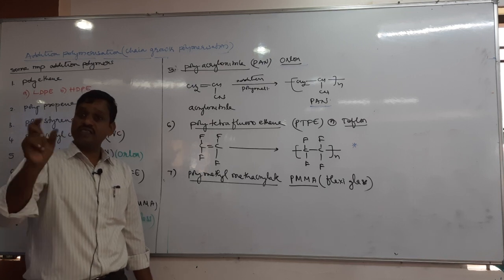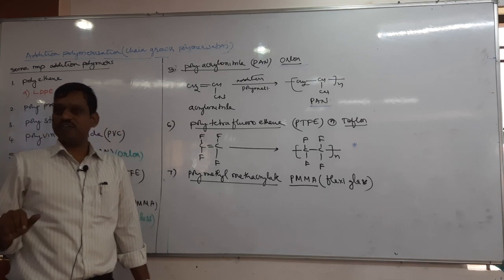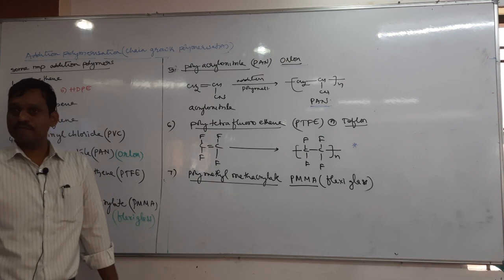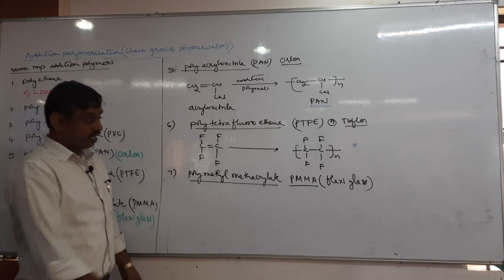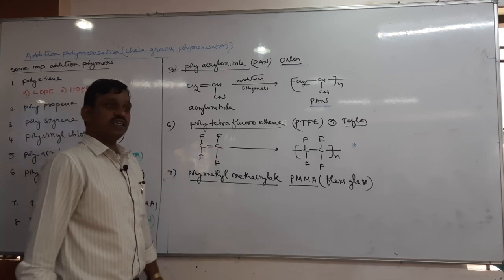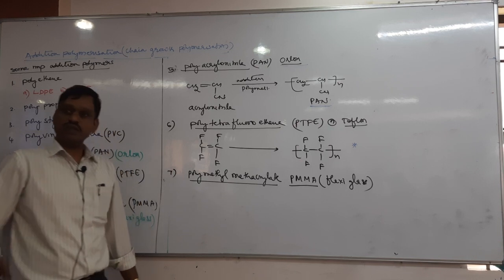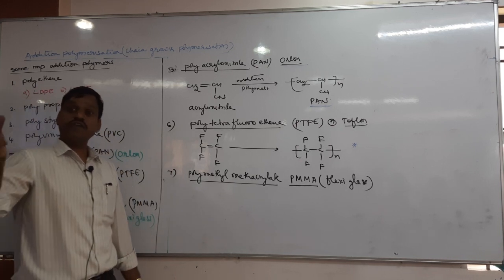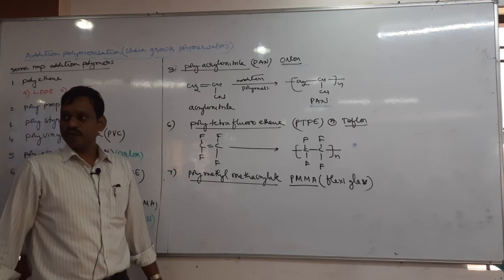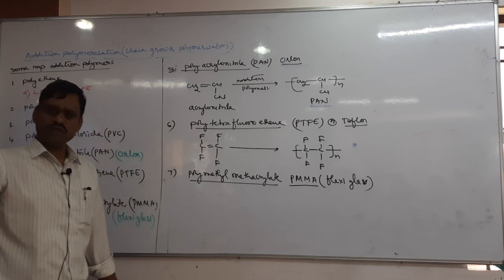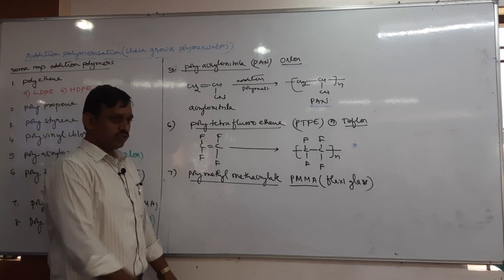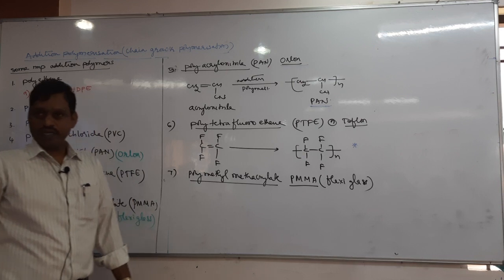It is soft and transparent. It is just like glass, but more transparent than glass, shining as well as transparent. So it is used in decorative material.